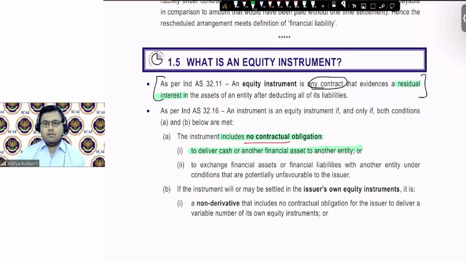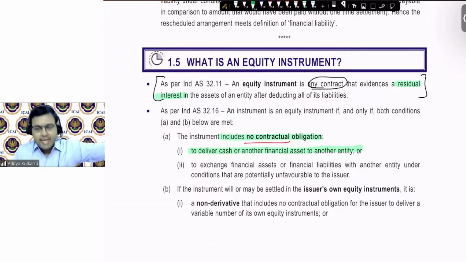So please come out of the idea that when we talk about equity instrument, it means the entity will issue equity shares. So when I talk about fixed for fixed, it could mean own equity instrument either way. In the equity definition, you will not find fixed for fixed.